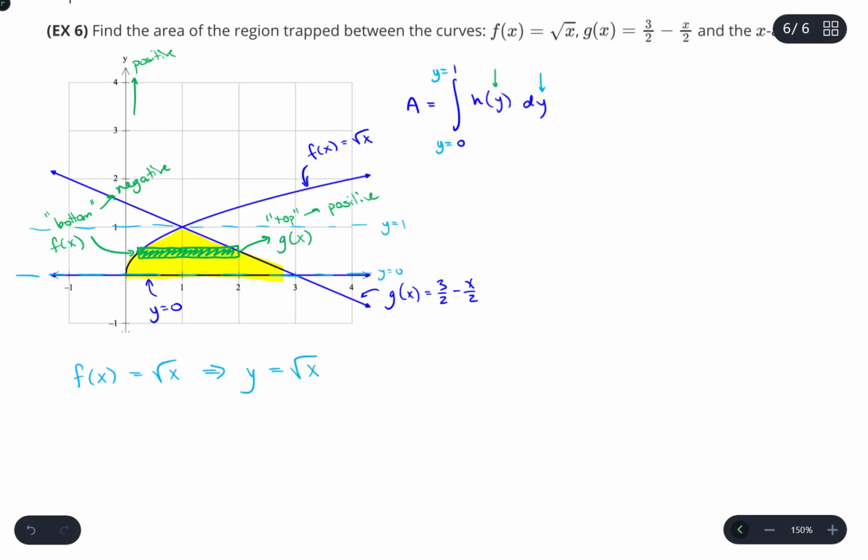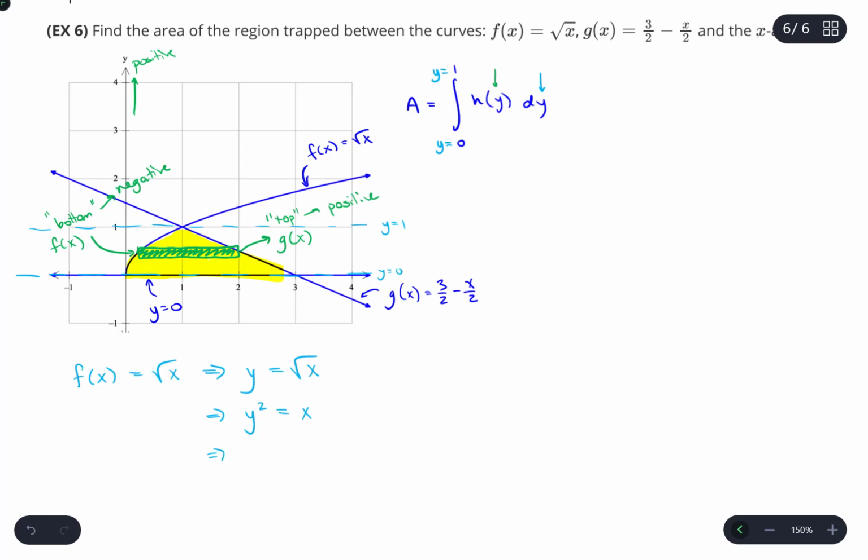So this is my strict relationship between the points in the domain, the x variable, and the range, which is the y variable. And I can hold that relationship true even if I solve for the other variables. So for instance, if I square both sides, I would end up with y squared equals x.